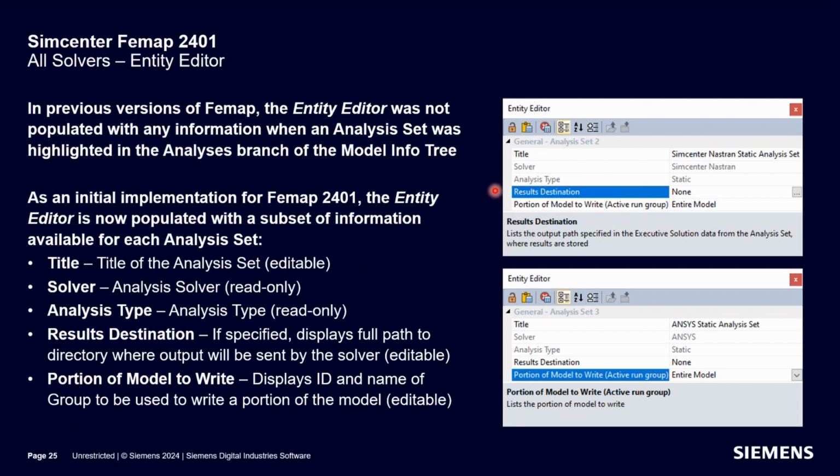And then the run group is great for when maybe you have a couple different run groups and you're looking at some trades and stuff like that. You can get really confused and mixed up about which run group is actually active for different analysis sets. So I think this is going to be a great way to cycle through the analysis sets pretty quick and see which run group.